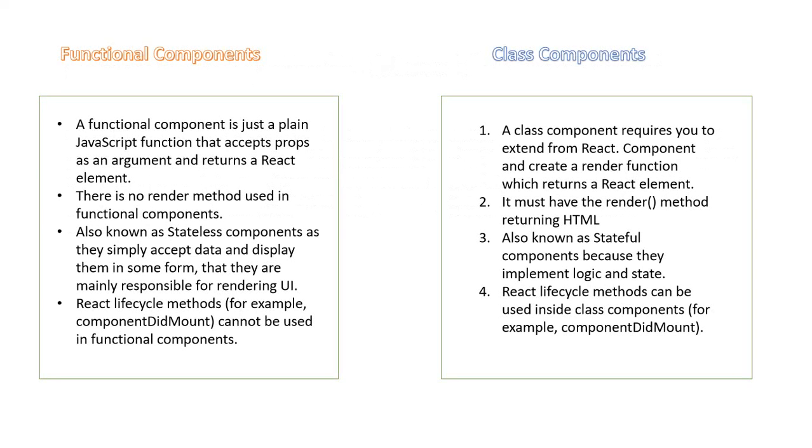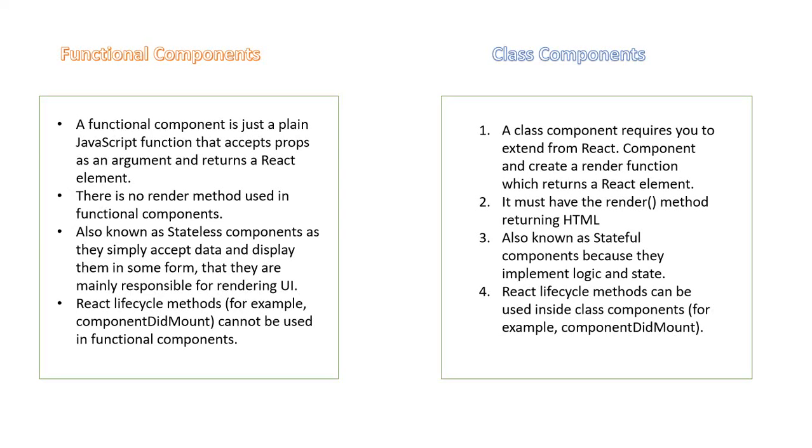So here, see functional components and class components. A functional component is just a plain JavaScript function that accepts props as an argument and returns a React element. The class component requires you to extend React.Component and to create a render function which returns a React element.